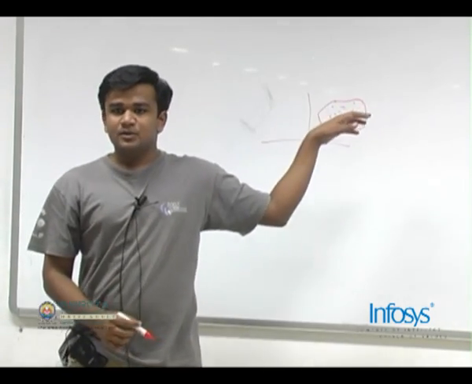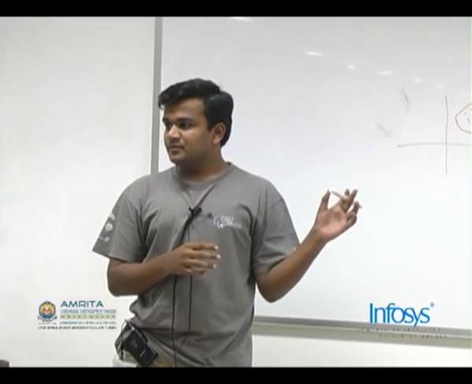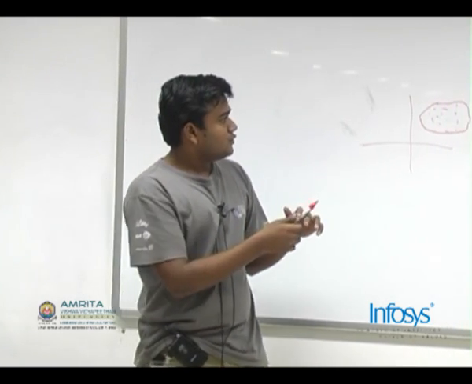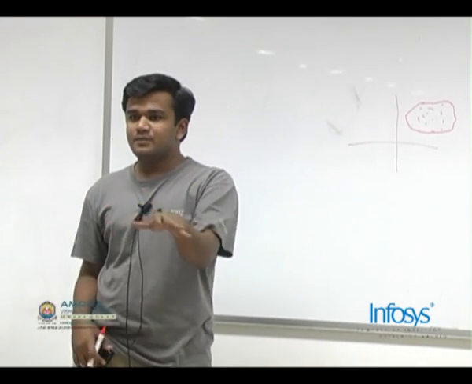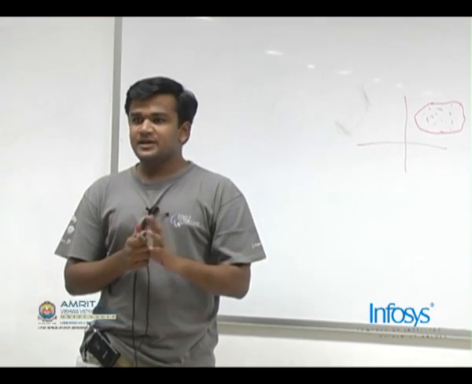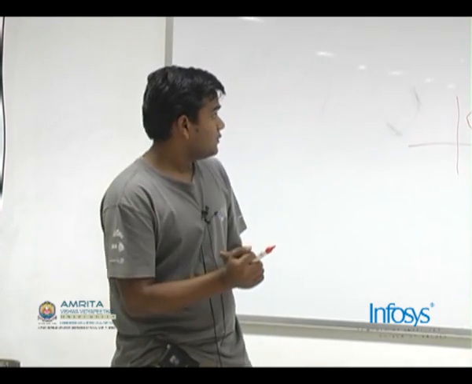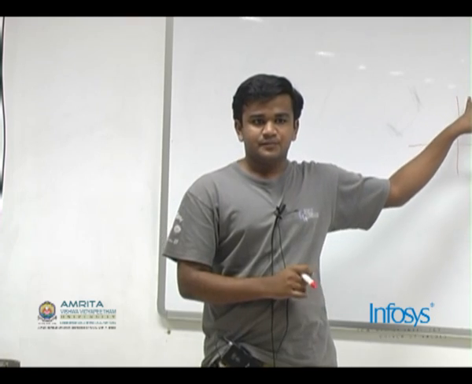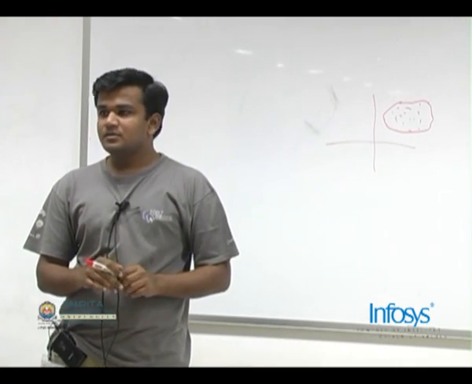This perimeter should be the smallest possible, and it should contain all the points that are given. So you can see this perimeter will be a convex polygon. We want a convex perimeter which covers all the given points. To find this convex polygon, that is the problem of convex hull.